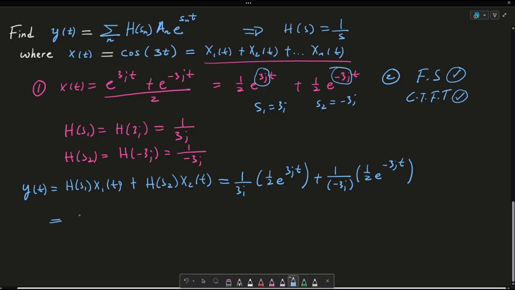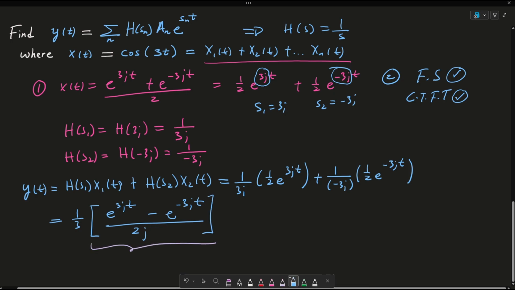What I'm going to do here is say that this is 1 over 3 times e to the 3jt minus e to the minus 3jt over 2j. And we know that, again, using Euler's identity, this here is equated to sine 3t. So we get 1 over 3 times sine of 3t.